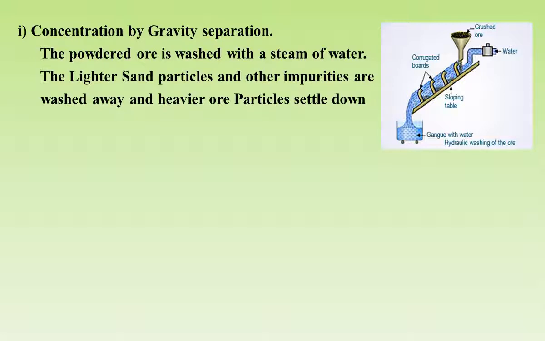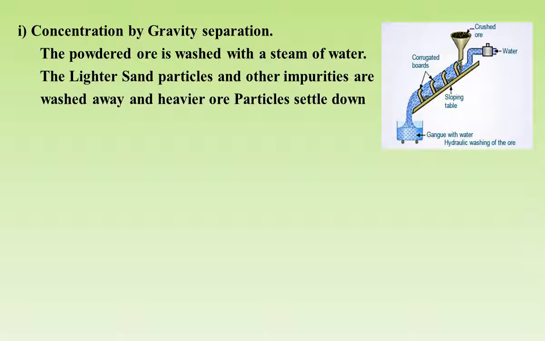Already we had discussed the steps of concentration of an ore, that is the hydraulic separation method. The same process we are going to use to extract the metal from its ore.